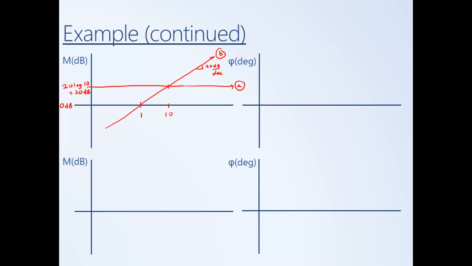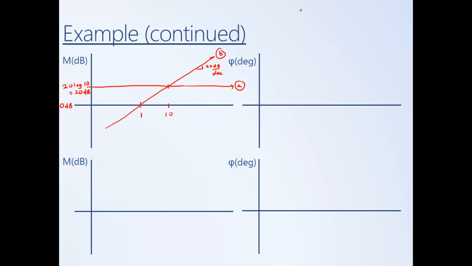Now let's think about what the Bode magnitude plot of the simple pole is. The Bode magnitude plot of a simple pole starts out at 0 dBs, and then it eventually starts to go down at minus 20 dBs per decade. And the point at which it breaks is at 1 over t.